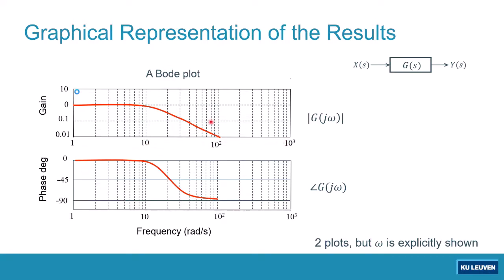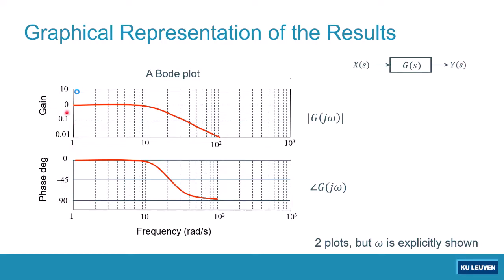Okay, for both plots, the magnitude plot and the phase plot, the horizontal axis of the frequency is drawn in logarithmic scale, while the phase here, the vertical axis of the phase plot, is drawn in linear scale, just a normal scale, either in degree or radian, it doesn't really matter.